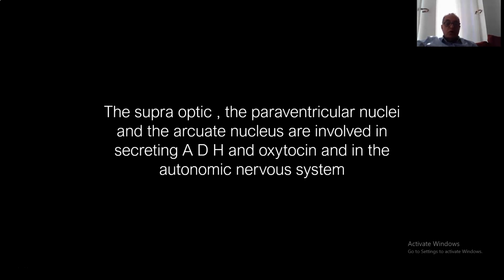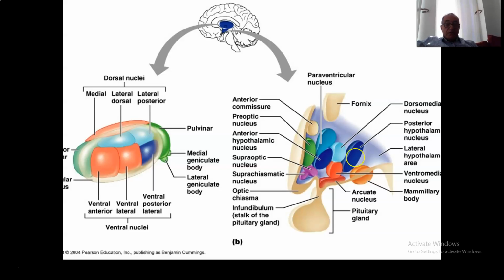All neurosurgeons know about it because they are secreting the antidiuretic hormone and the oxytocin, together with the arcuate nucleus. These nuclei have something very peculiar. They have large cells, as you will see now.